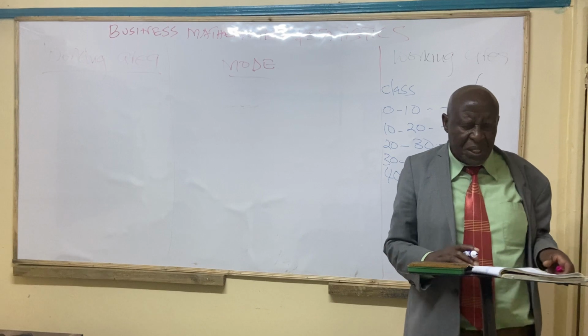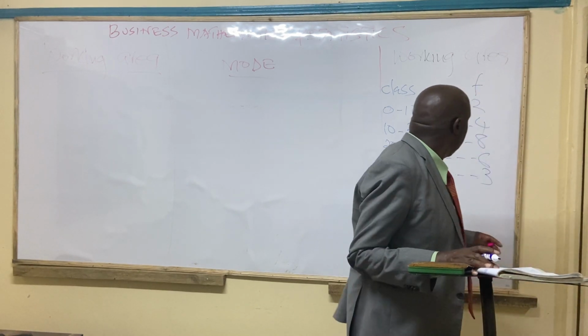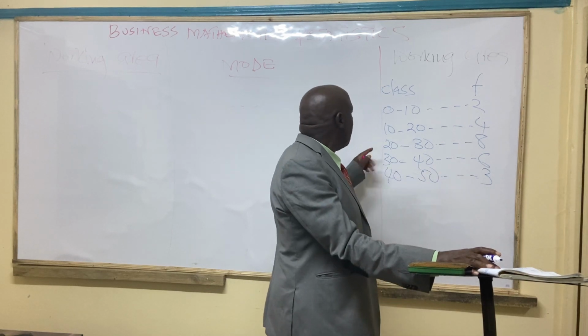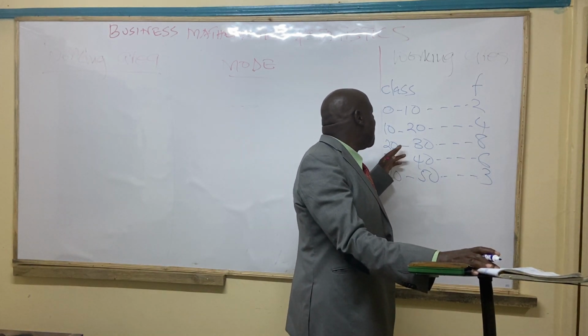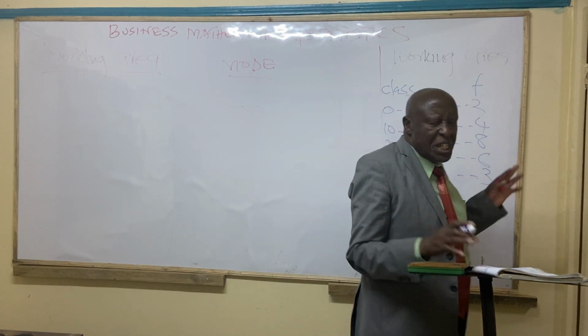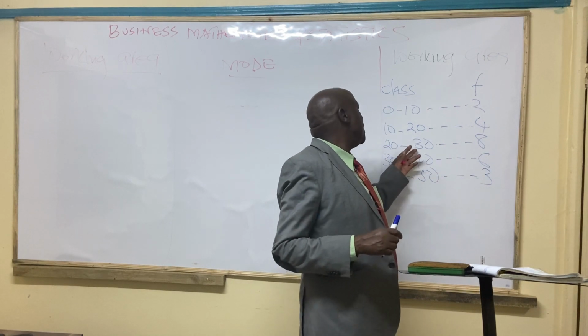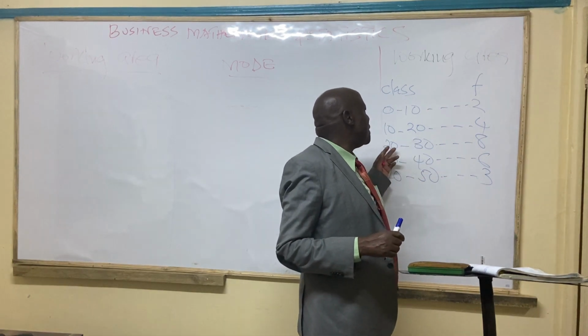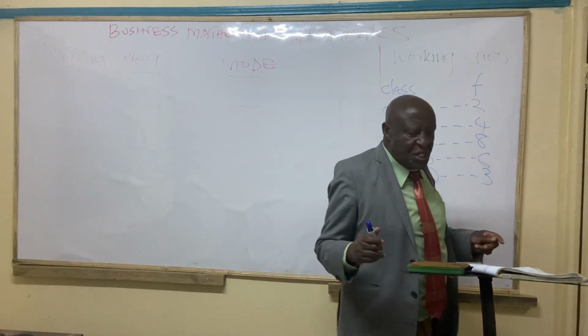It's 20 to 30. But at times we may want to find the exact data, because the data given here is 20 to 30, which means the most occurring class falls between 20 and 30.